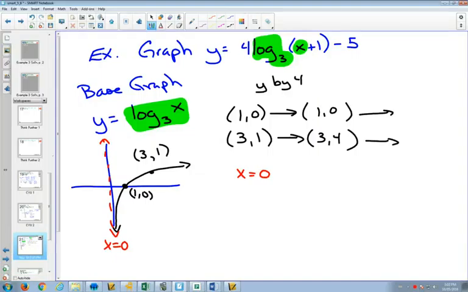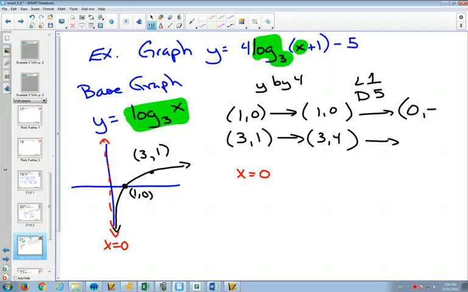Going from left to right, my next number I run into is the 1. Remember, the 3 is part of our parent graph, so it doesn't affect our transformations. What is that 1 going to do? It's going to go left 1, and we can go up and down at the same time. Down 5.